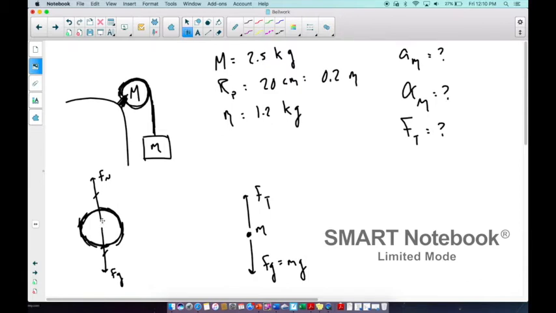But there is another force acting on the pulley. Can anyone determine what it might be? It is a force of tension acting right here. So I want you to think about this.